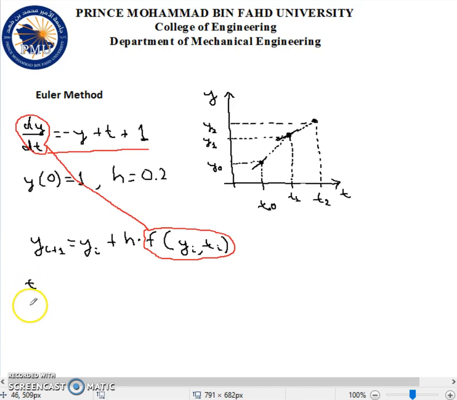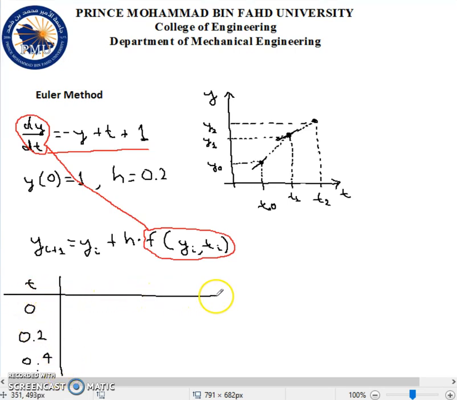Our initial point is t0, which is 0, our next one is 0.2, so 0 plus 0.2, our next step will be 0.2 plus 0.2, so 0.4, and so on, depending on how many steps we want to do.